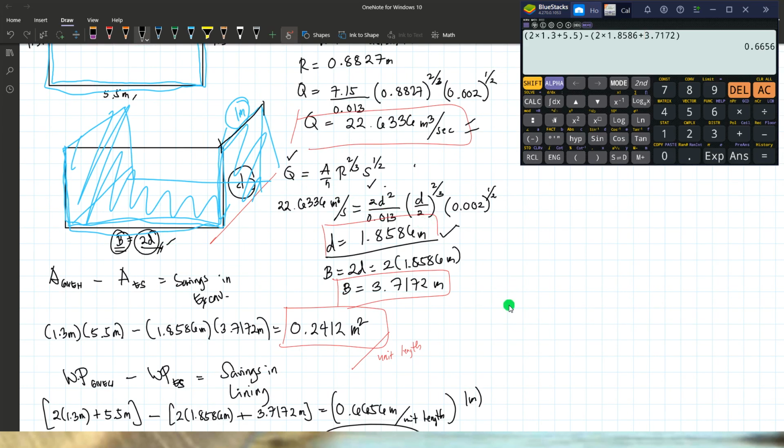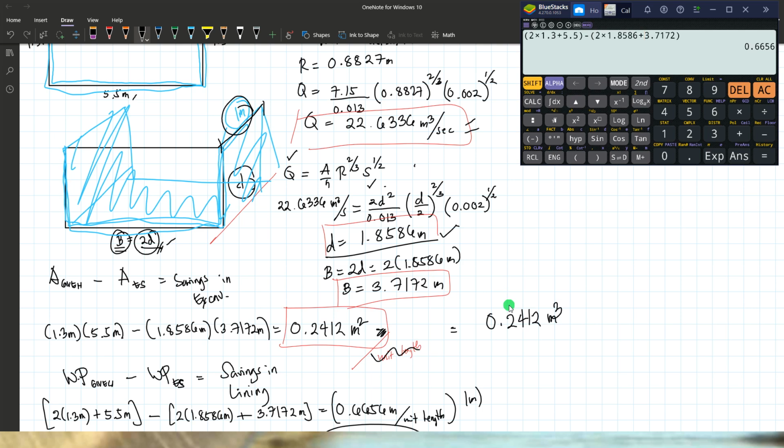So if we want to really express this in a unit of volume, we multiply 1 meter on this difference in area, which we will have an equivalent of 0.2412 cubic meters.